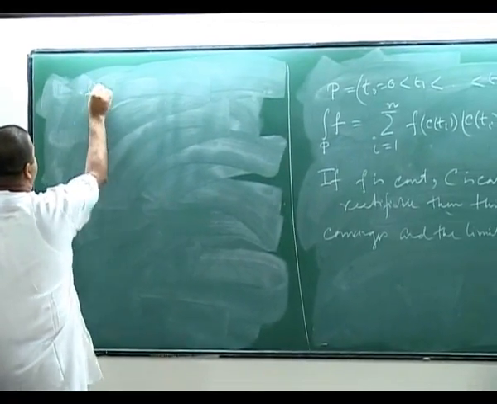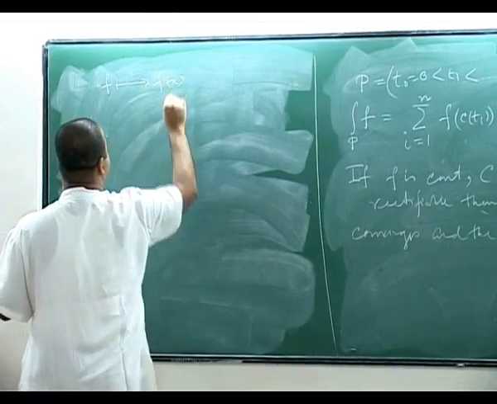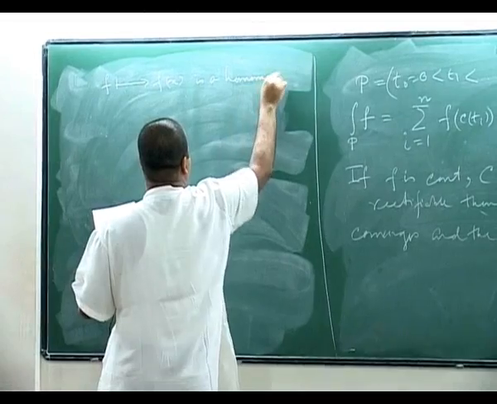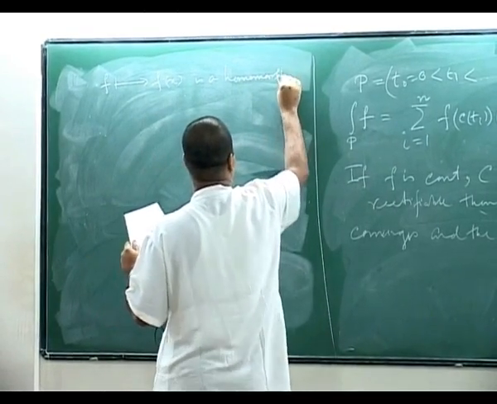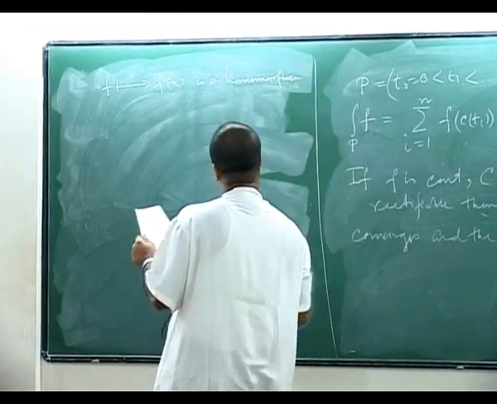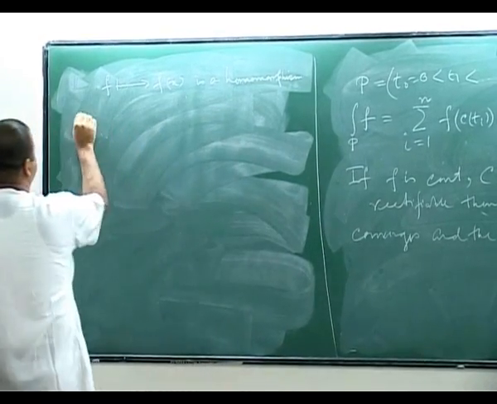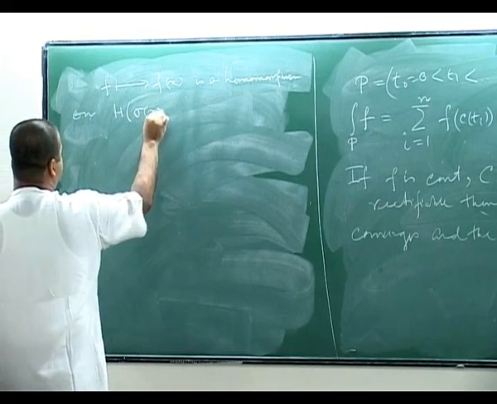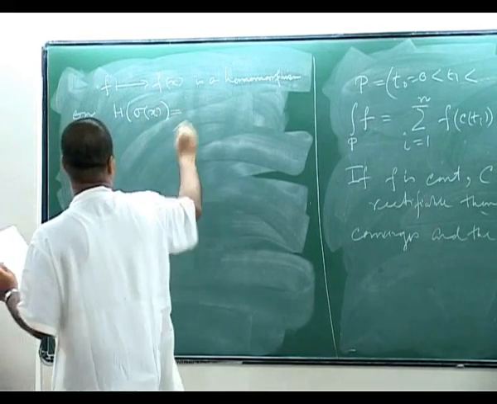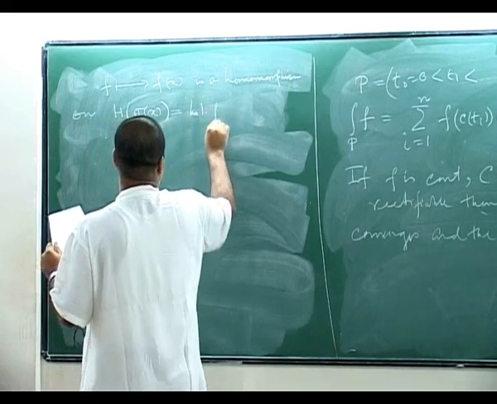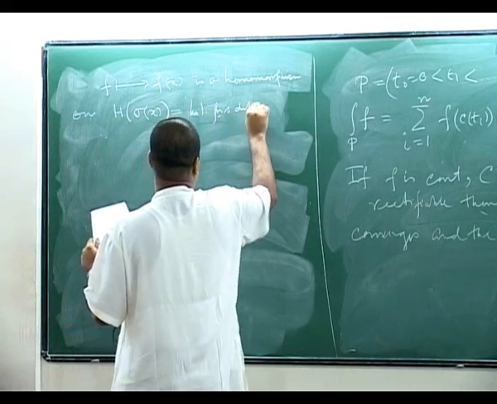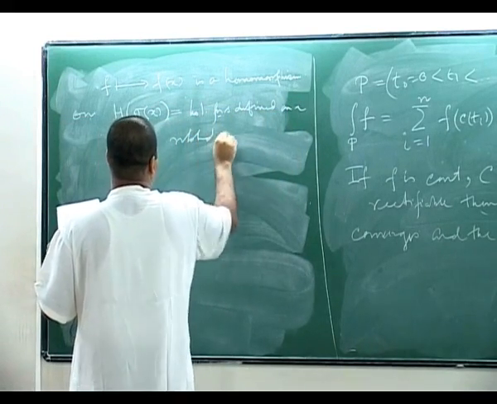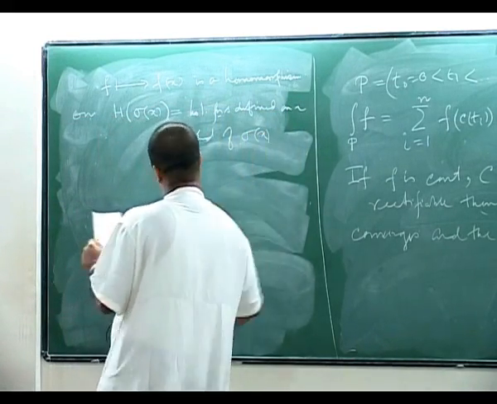So this assignment f going to f(x) is a homomorphism on, this is the function defined on a neighborhood of sigma x.